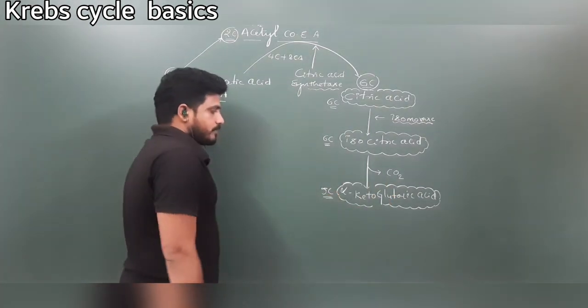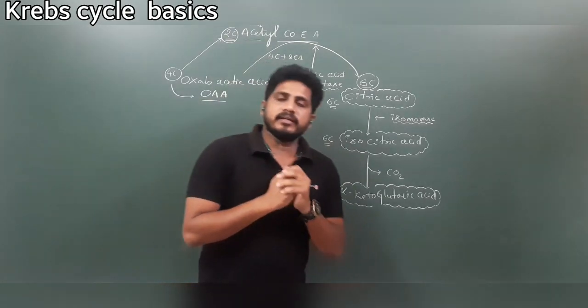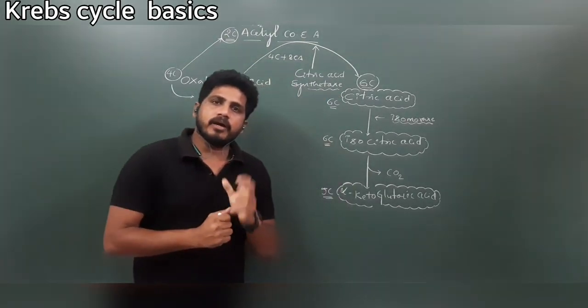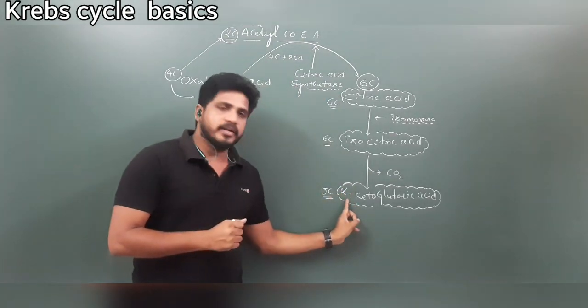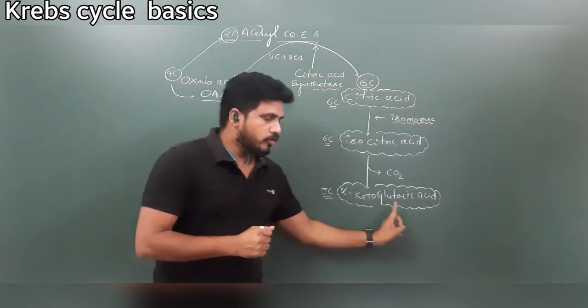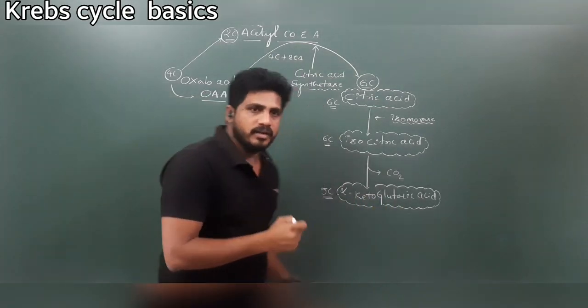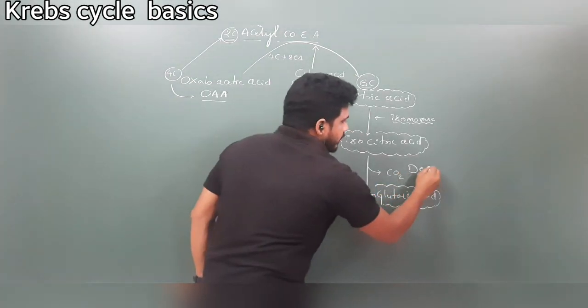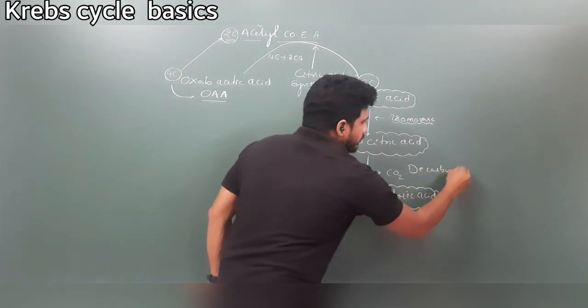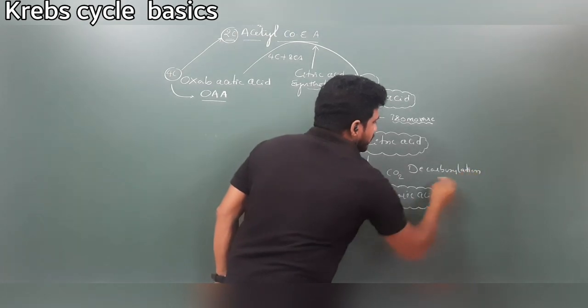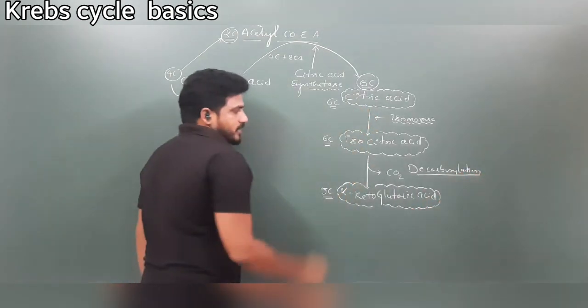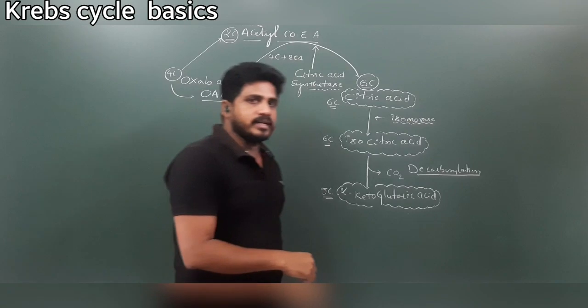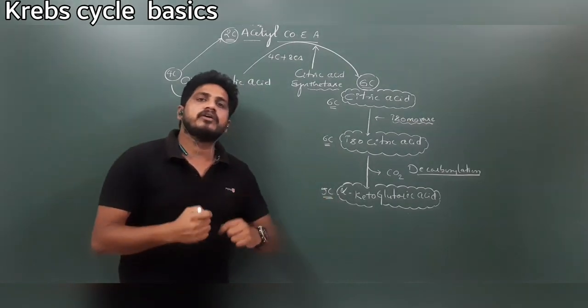A very important question: in the Krebs cycle, the 5 carbon component is alpha ketoglutaric acid. Alpha ketoglutaric acid is formed by the process of decarboxylation of isocitric acid. The enzyme required for that is isocitric acid decarboxylase.